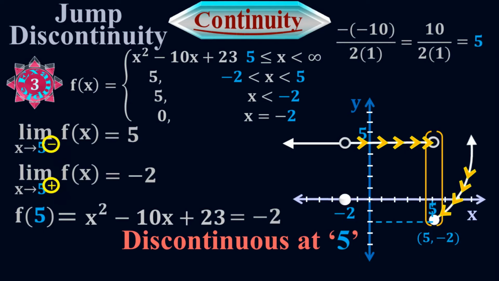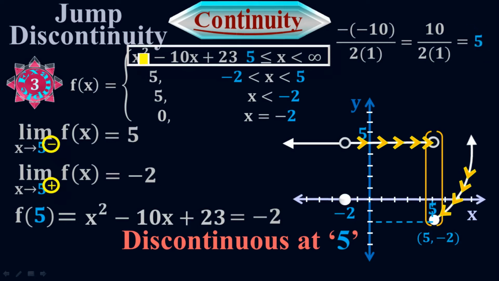And then you have to pick this 5 and substitute it into this equation, x squared minus 10x plus 23. Just substitute x equals 5 here in this equation. You will get the other coordinate point, which is negative 2. My 5 is along the x-axis here, 1, 2, 3, 4, 5. 5 is along the x-axis, negative 2 is along the y-axis. These are the coordinate points here. There was just an extra part to remind you how to draw the coordinate points.